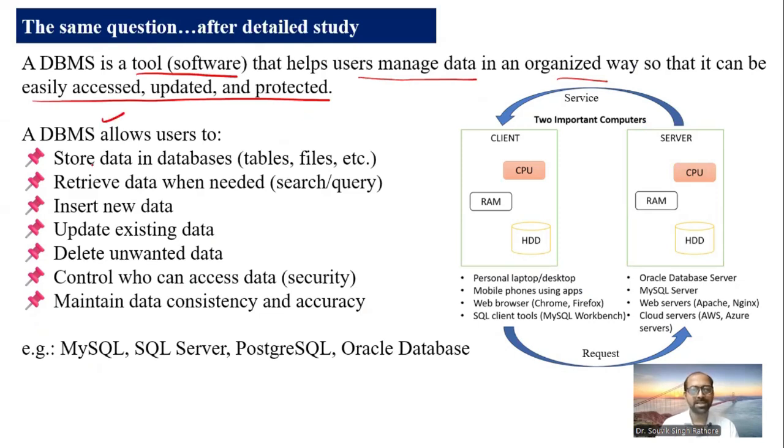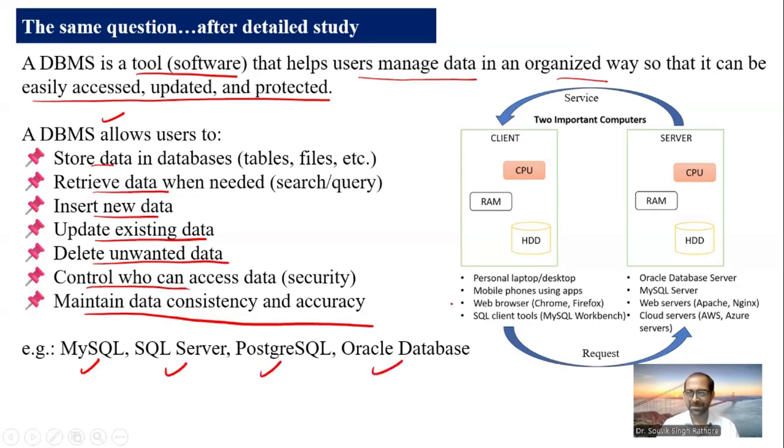DBMS stores the data, retrieves the data when needed, inserts new data, updates the existing data, and deletes the unwanted data. DBMS also controls who can access the data, and maintains data consistency and accuracy. Examples: MySQL, SQL Server, PostgreSQL, and Oracle Database.